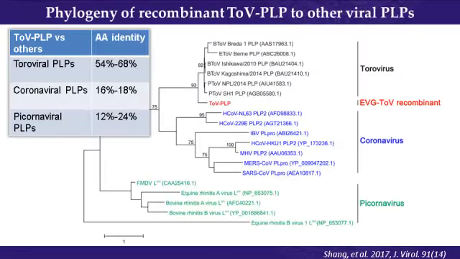This foreign gene insertion shares about 54% to 68% identity with the other torovirus PLPs we found in GenBank, and the phylogenetic analysis further confirmed they formed a well-supported clade with other torovirus PLPs. So we designated this foreign insertion as a torovirus-derived PLP.